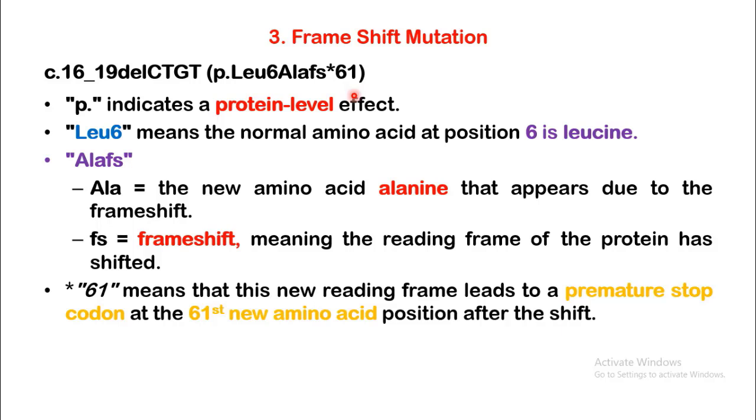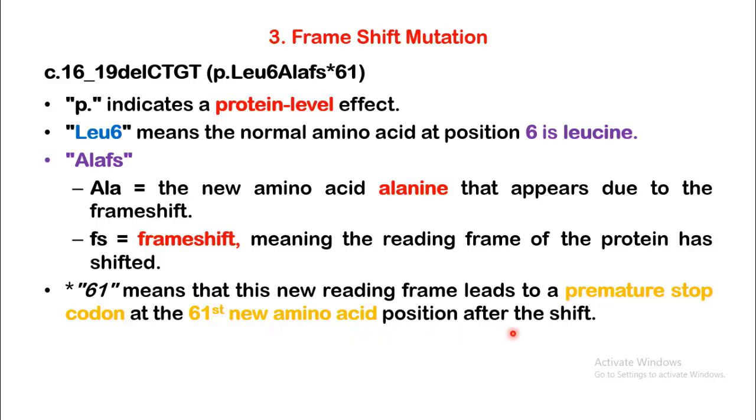If you remember, I told you that this stop refers to the appearance of a stop codon. So this stop 61 means that this new reading frame leads to a premature stop codon at the 61st new amino acid position after the shift.